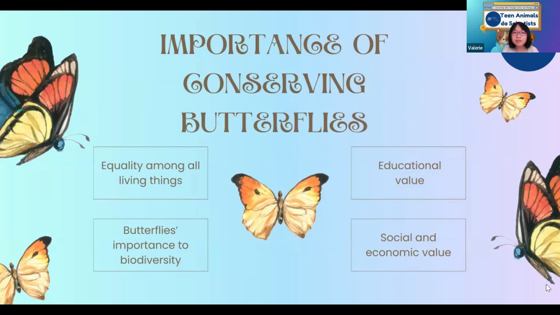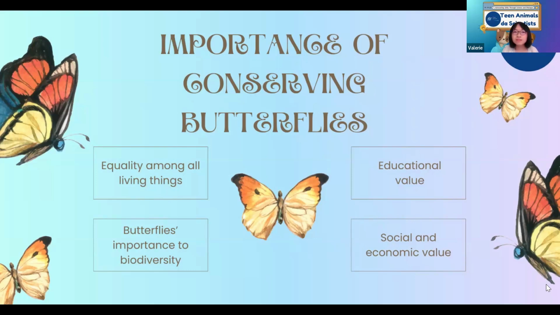And besides, butterflies are important in terms of education and research. They are said to be indicators of climate change. For example, some research shows that butterflies lose the pigments on their wings when climate change is getting more serious.